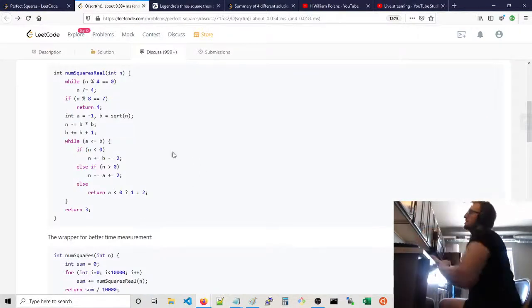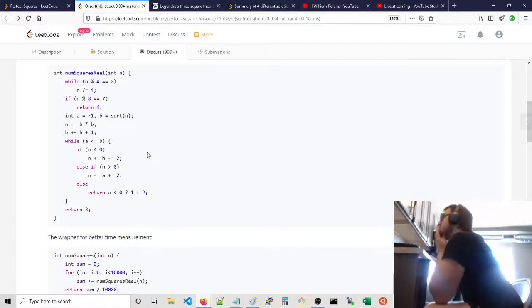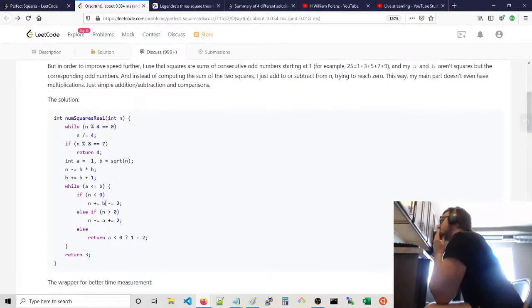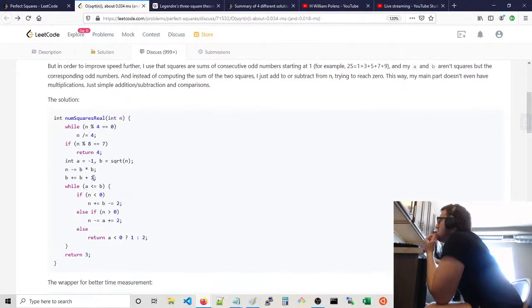I'm totally confused, just totally lost. I don't know, what is he doing? a and b are some numbers, some values.